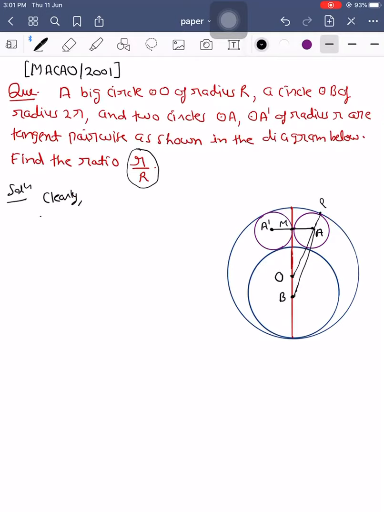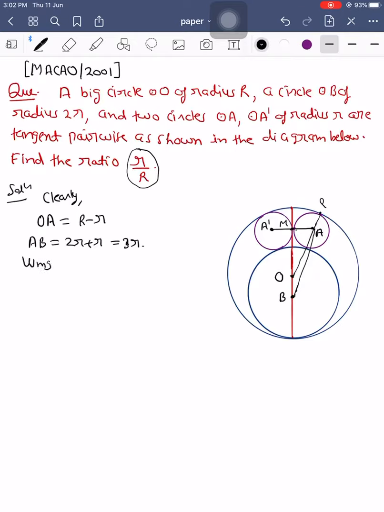So clearly we can write the distance OA equals the difference of their radii, that is R minus r. The circle with center B and the circle with center A touch externally, and the condition of external touch is that the distance between the centers is equal to the sum of their radii. One radius is 2r and the other circle has radius r, so AB is 3r.